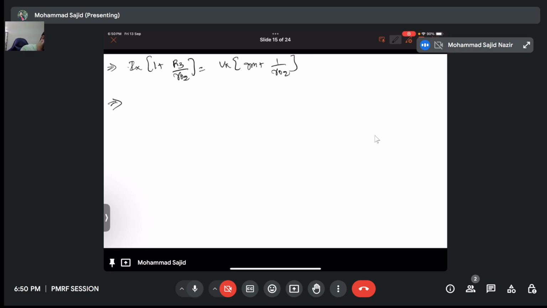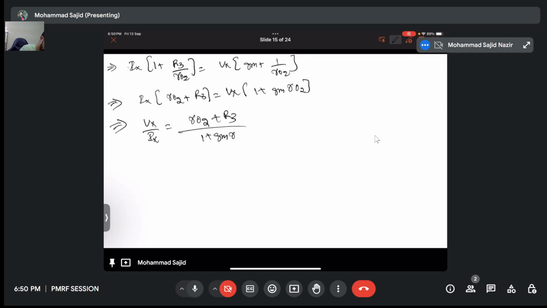So, multiplying by R naught 2, this will be Ix times (R naught 2 plus R3) and Vx times (1 plus Gm R naught 2). So Vx by Ix will be this, and this should be your R dash.